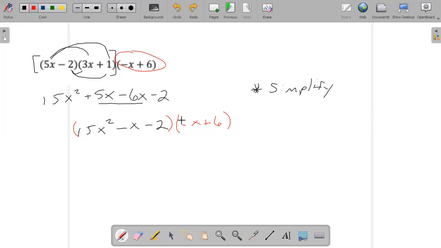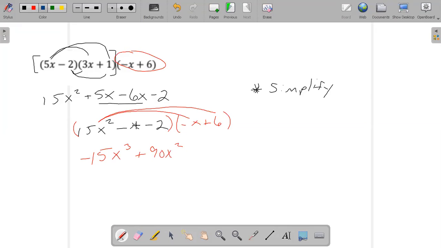So now this is just distribution, but it's triple distribution at this point. So the easiest way to do this is to just draw lines from your first term to each of the other terms in the parentheses first. So 15x squared times negative x squared will give me negative 15x to the third. 15x squared times 6 will give me, oh boy, mental math, 90x squared.